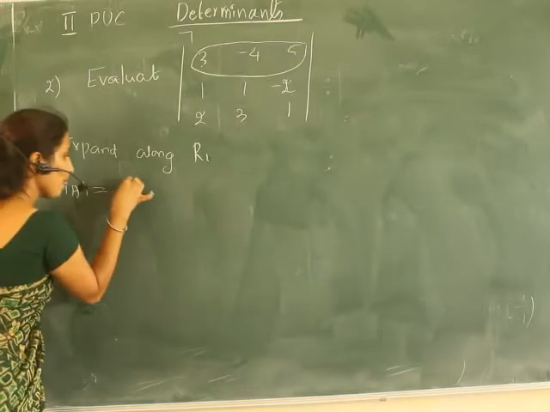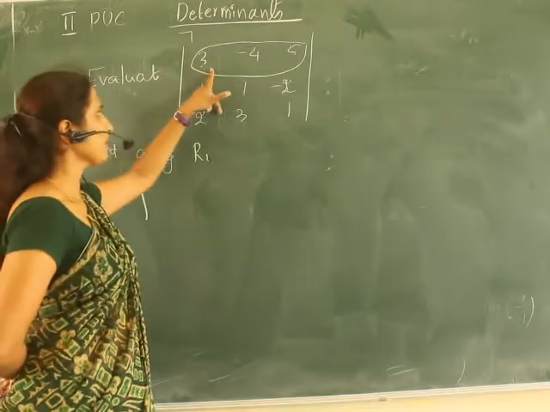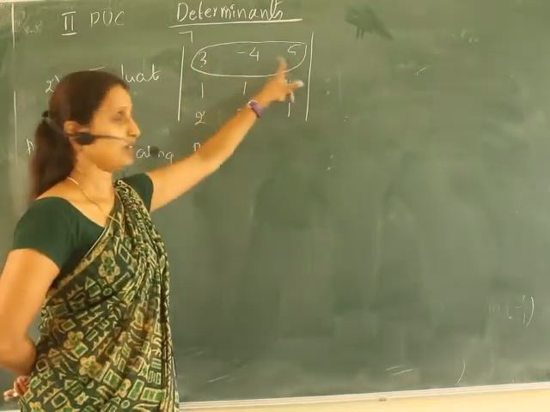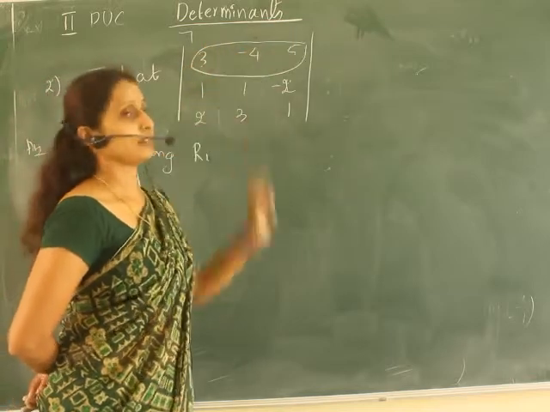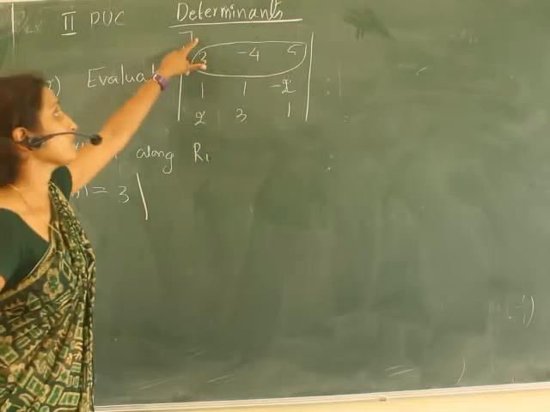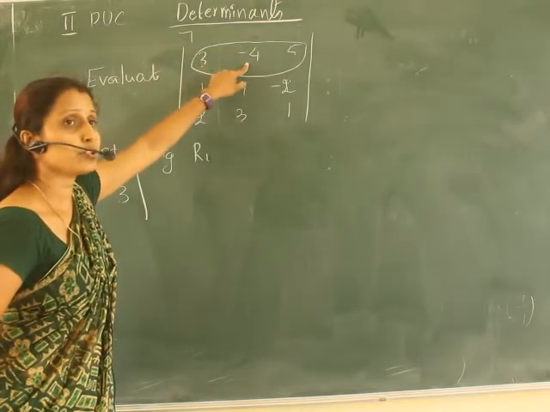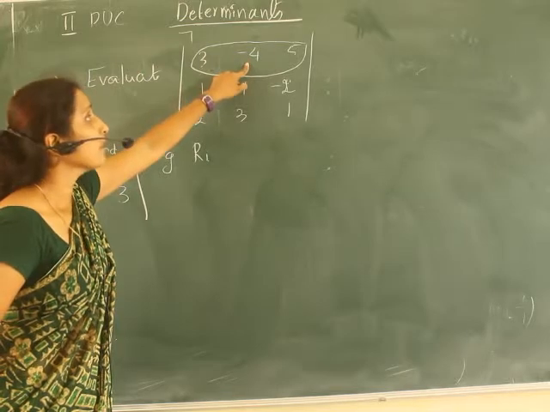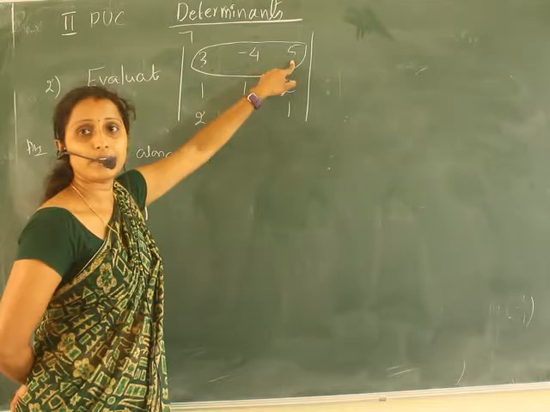3 into. So again you can see now it is plus, minus and plus. The sign of those elements is plus, minus and plus, because it is minus 1 to the power i plus j. Here minus 1 to the power 1 plus 1, so it is plus. Here minus 1 to the power 1 plus 2, so it is a minus. Here minus 1 to the power 1 plus 3, so it is a plus.